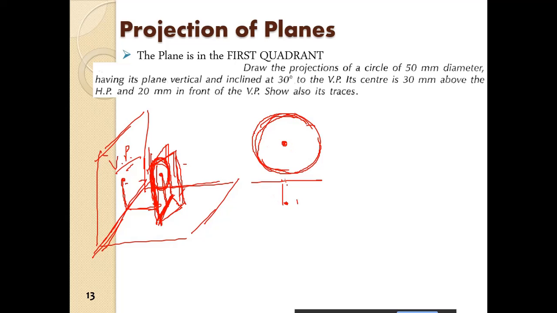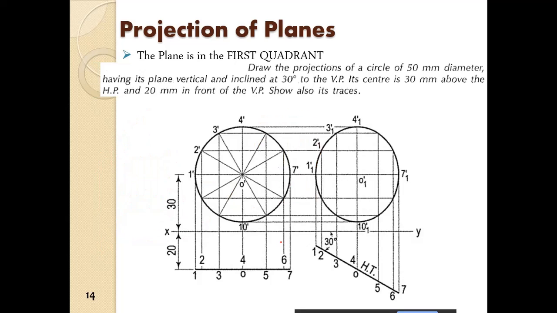So then we mark important points here and we draw the vertical trace. All right, we draw the vertical trace. So, through the diameter, and then at some important points here and here and here. So this is the first step. So once this is done, you get this drawing here.